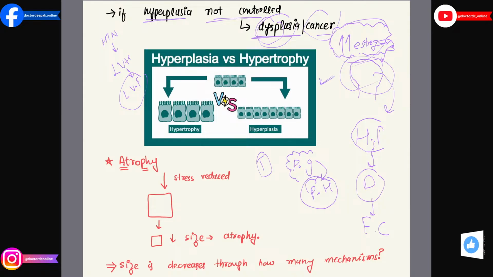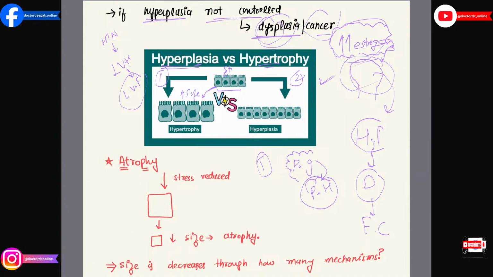Here is a simple diagram to help you understand. This is hyperplasia on the left side and hypertrophy on the second side. Here there are four cells. Let's suppose you put some kind of stress on these cells. You can see these are the four cells, but the difference is that these cells have increased their size.